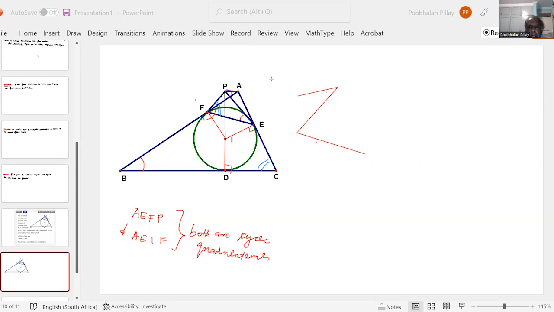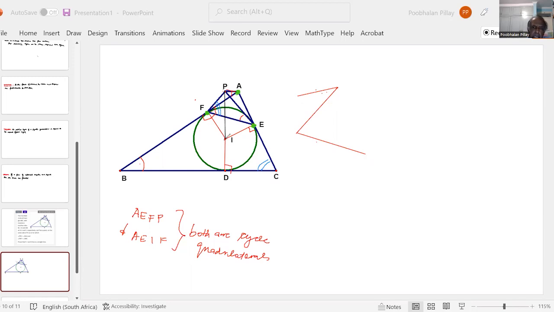Now, if you focus on these points here, A, F, E, we saw that the circle that contains these three green points contains P, because that thing was cyclic.